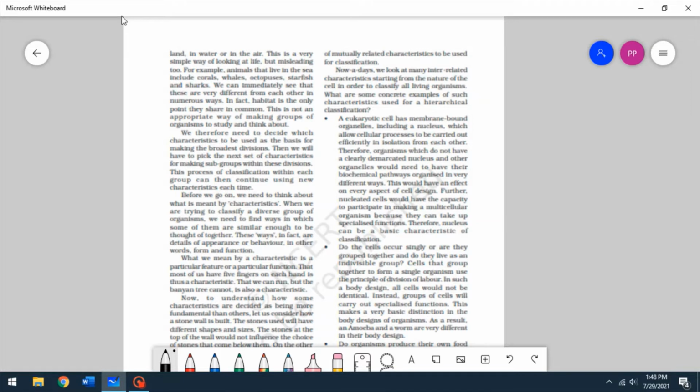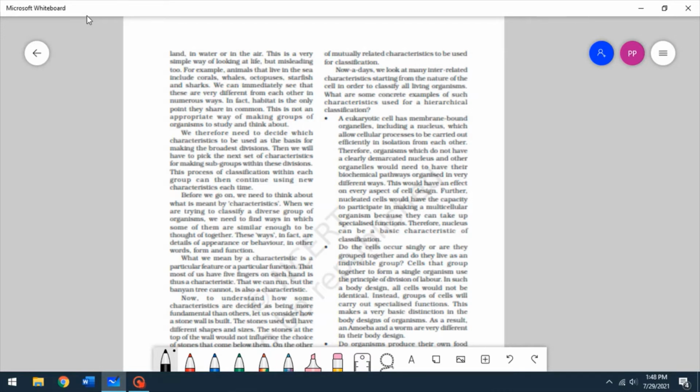And the properties I can say of starfish, it's small, it's not very violent, but for sharks, the first thing that pops into our mind is the violent teeth and how scary it is and all of that, right? So they're very different. Although they live in the same habitat, water, they're very different from each other, and this is a very misleading way of classifying organisms. So that's why it was rejected.